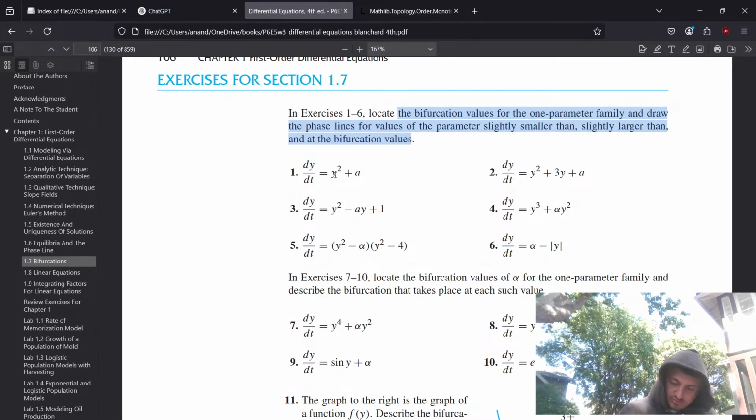Now let's do a equal to 0. We're going to get just one point here. So y squared equal to 0 has one solution at 0. And y squared is going to be positive for any value of y.